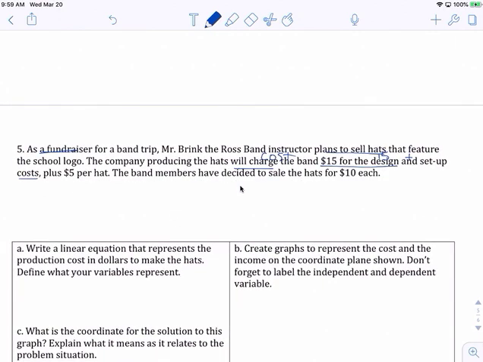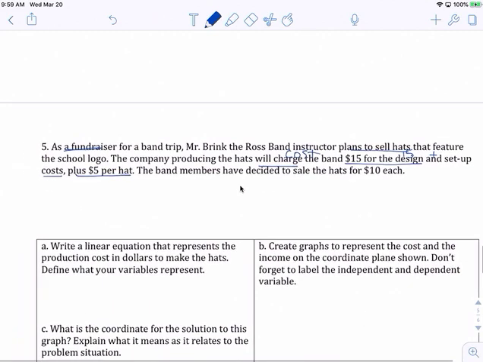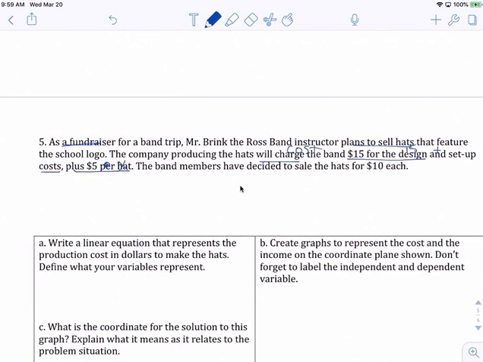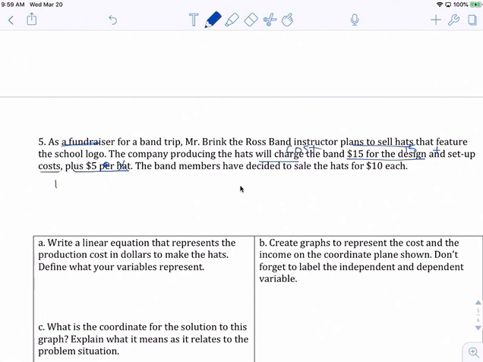So $15 for design and setup costs. Okay, so $15 for everything, but plus $5 per hat times X. So here is the equation, 15 plus 5X, Y equals to that.